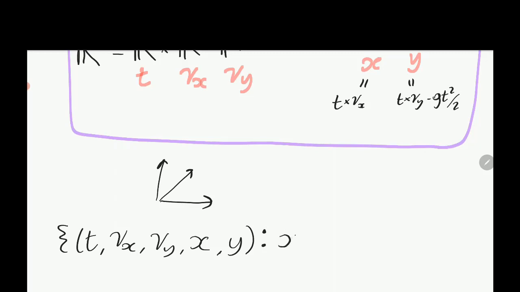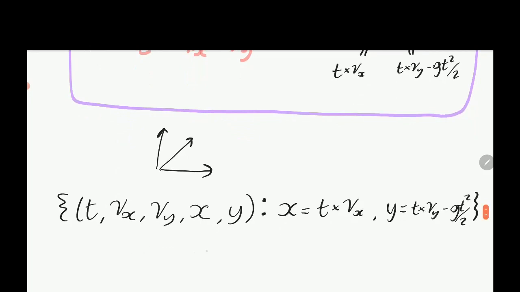We have that x is equal to t times vx, and y is equal to t times vy, take away gt squared over 2. And this set is a subset of 5-dimensional space.